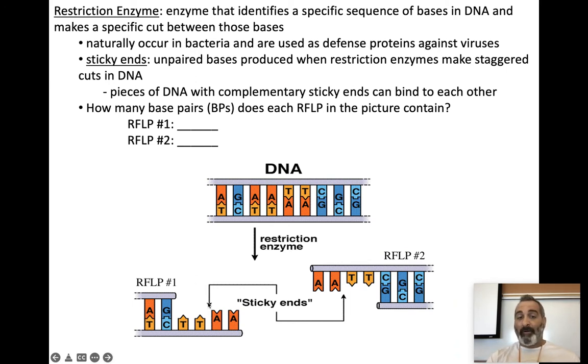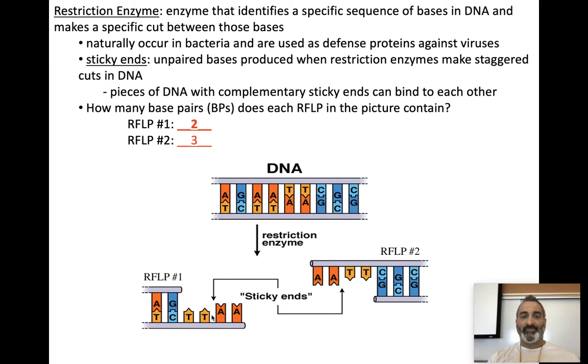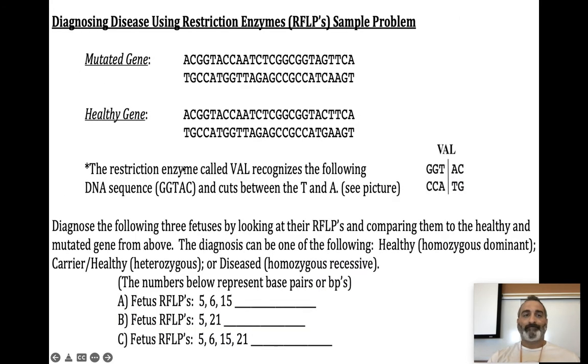So these are not paired up. They're no longer paired up. So for RFLP number 1, I would put in the answer here, RFLP number 1 has 2 base pairs. RFLP number 2 has 1, 2, 3 base pairs. These are not paired, so they do not count. These are the answers, 2 and 3.